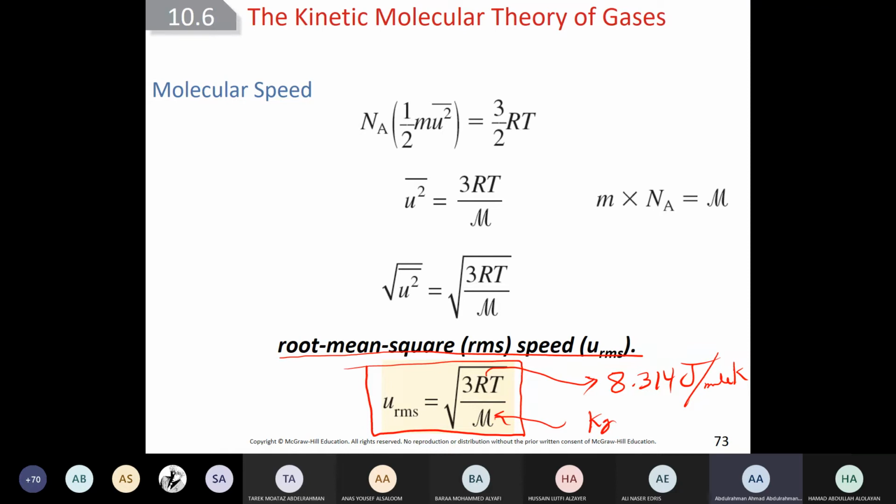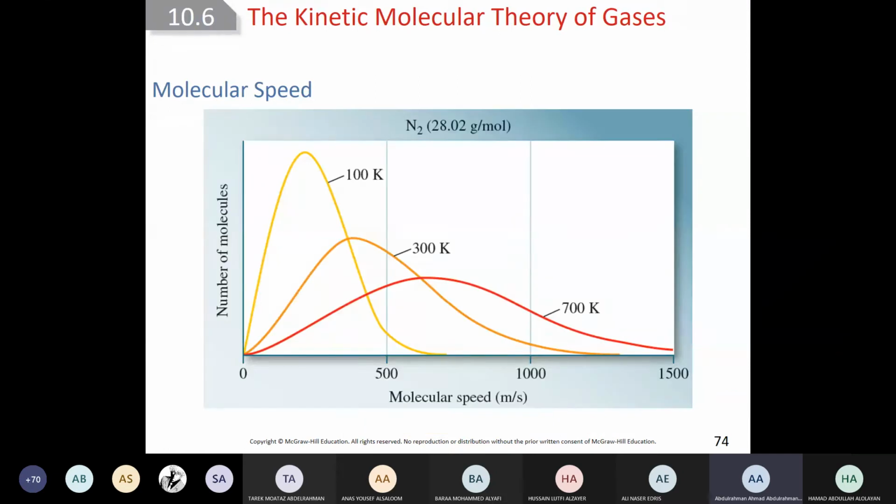Don't forget this. Good. What will happen if we increase the temperature of the gas? The speed increases. Exactly. See the table here, it's for the same gas, N2 gas. What will happen to the average speed?